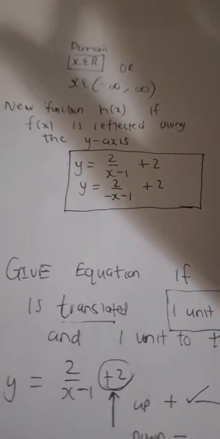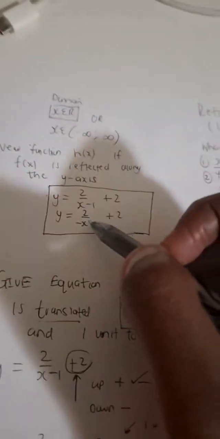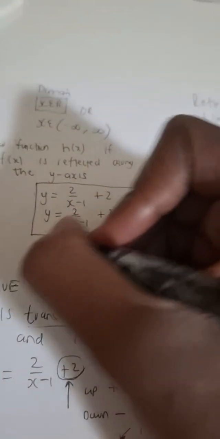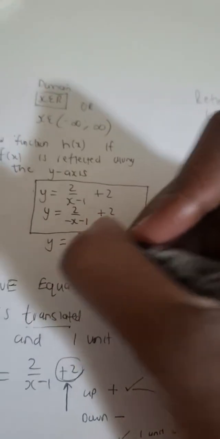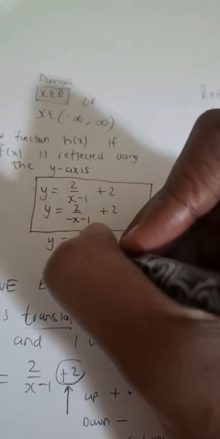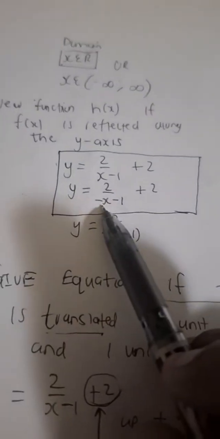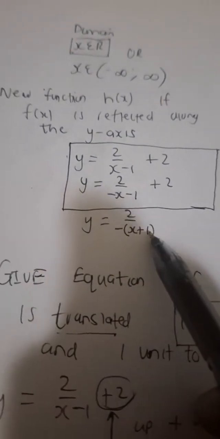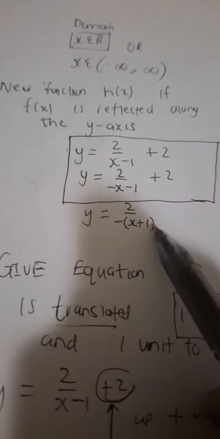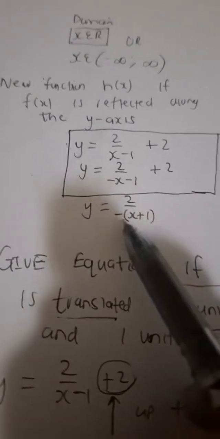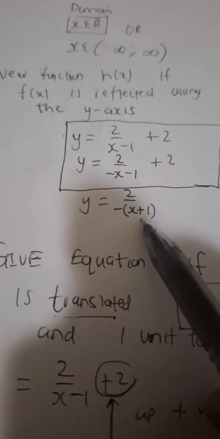So in this denominator, because it's a hyperbola, we take out a negative sign. We factorize, in actual fact, and we are left with x plus 1 in the denominator. Does that make sense, guys?